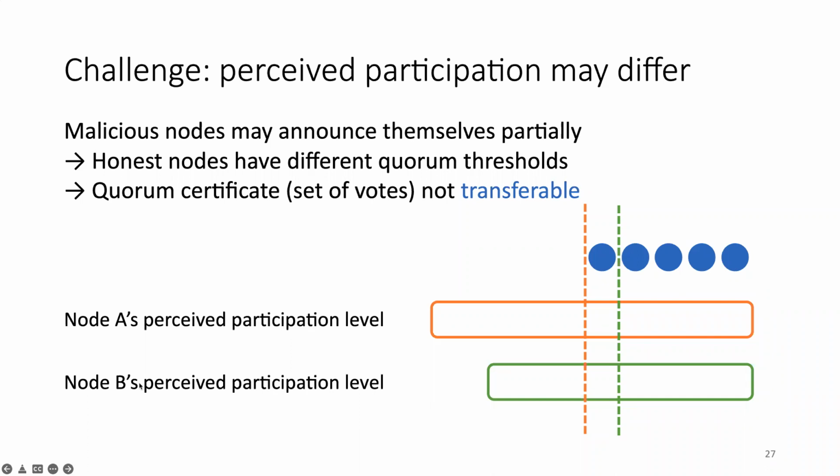However, this orange guy perceived 1 more participation than I do, and when I show the set of votes I got, the orange person says that's not enough. That doesn't meet the quorum. So this breaks the transferability of classic quorums, and that is very important in the classic protocols. We crucially rely on that.